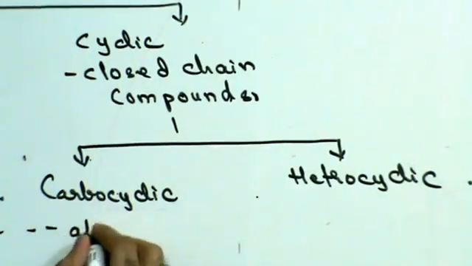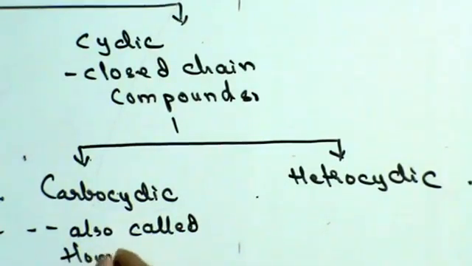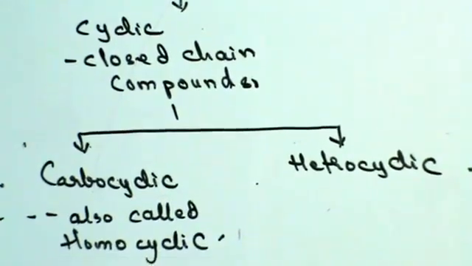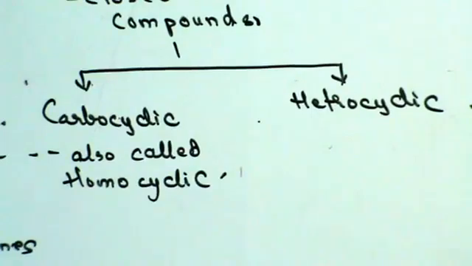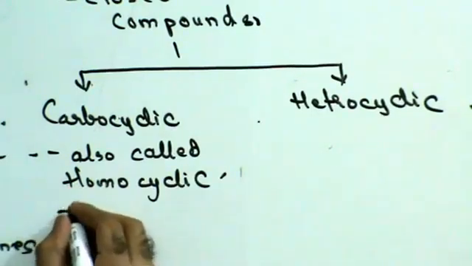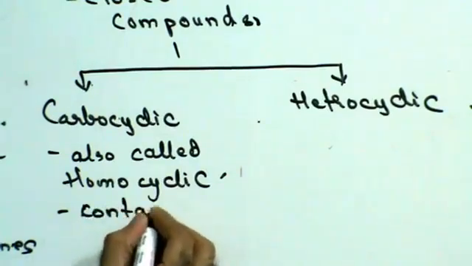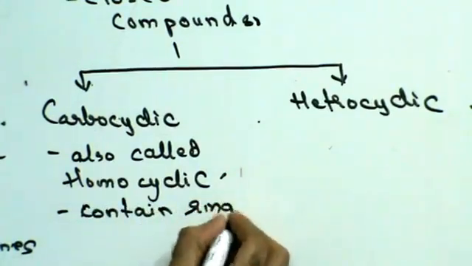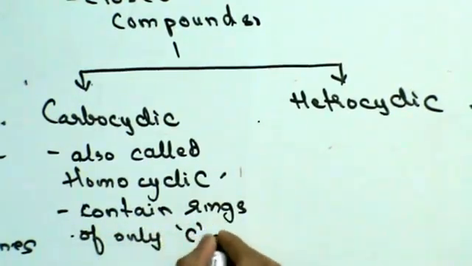They are also called homocyclic. Now, what are carbocyclic compounds? Carbocyclic compounds are those compounds which contain rings of only carbon atoms.